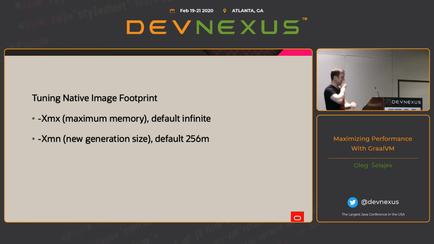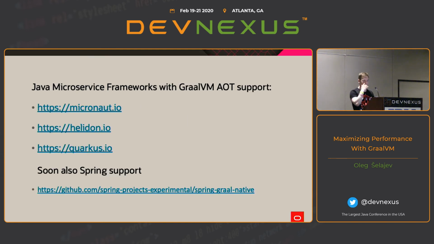So you can play with those keys. You can try it. You can enable the printing information about GC to see what's actually happening and see more results. There are a number of frameworks which support GraalVM native images. Micronaut. There is Helidon. There is Quarkus.io.